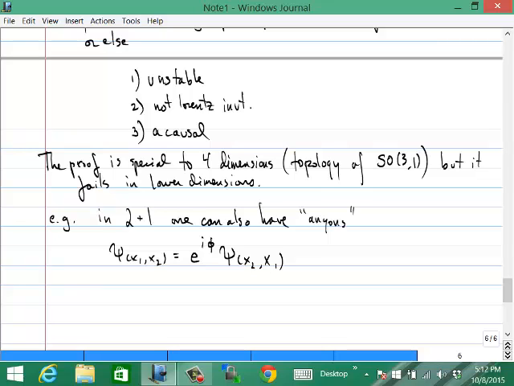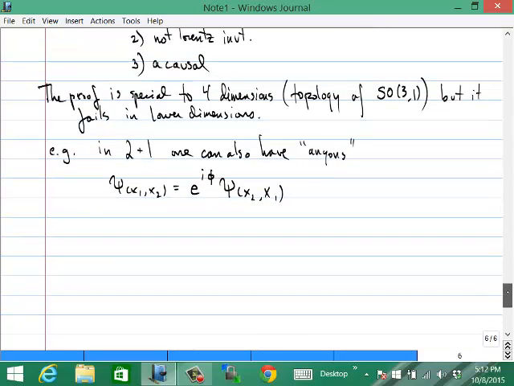You know, there's a picture that you can draw to intuitively convince yourself why it is you can allow a phase in lower dimensions and not in higher dimensions. Let's imagine that you have a particle here and a particle there. One way that you can think about these anyons is to imagine that if these particles are just confined in a plane, then you could imagine doing some sort of rotation to interchange the two particles.